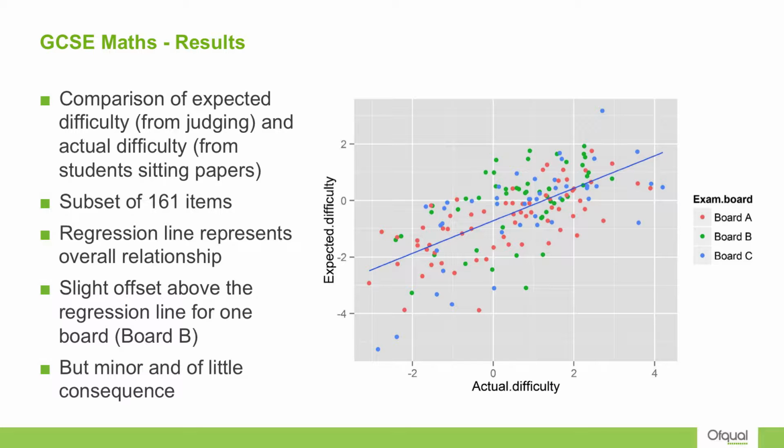For us, the interest here was, are the items from particular exam boards distributed equally either side of the line? We were looking to see whether there were biases in the judging of particular exam board items. I think for you it's more interesting to think about what caused certain items to lie furthest from the line, so I'll run through some examples of that.